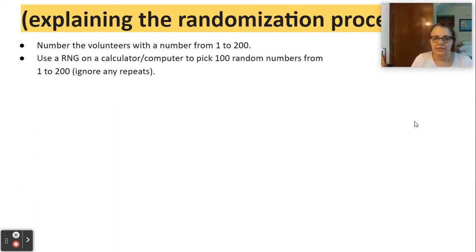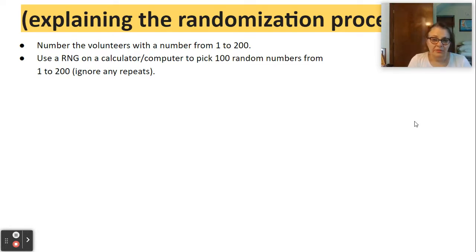And then next, tell me how you're going to select from these numbers. You can use a random number generator. It's perfectly fine to use RNG on a calculator, or you can do it on a computer, and you're going to pick 100 random numbers. And once again, you have to tell me 100 random numbers from what range. You have to say from 1 to 200.